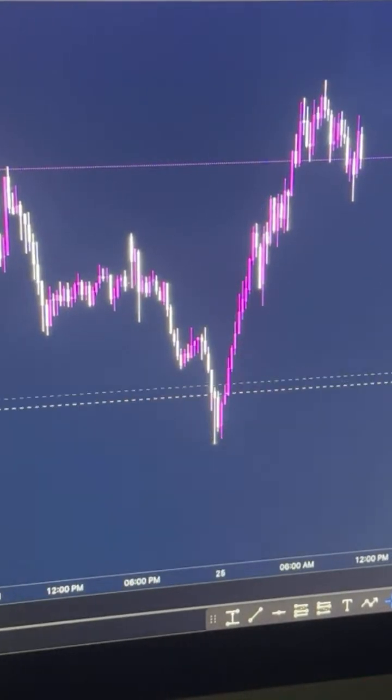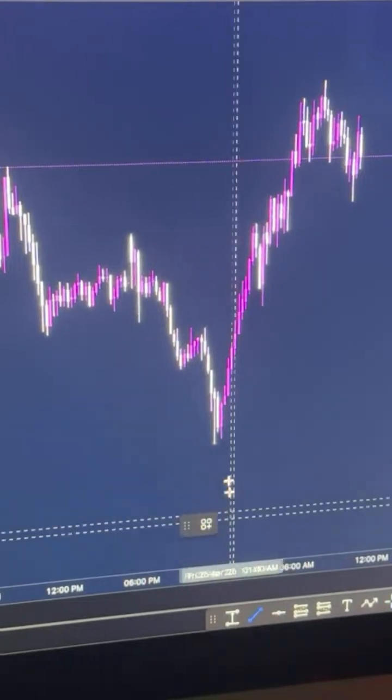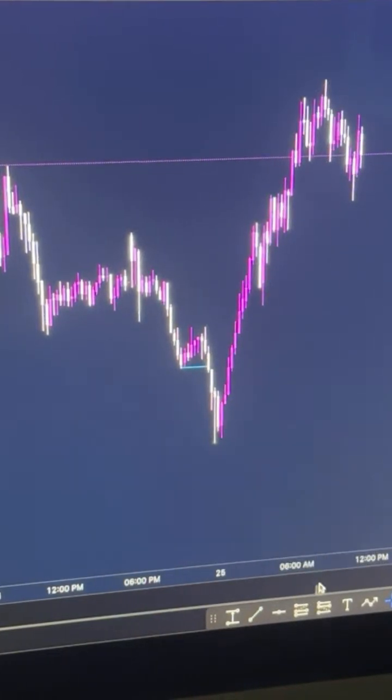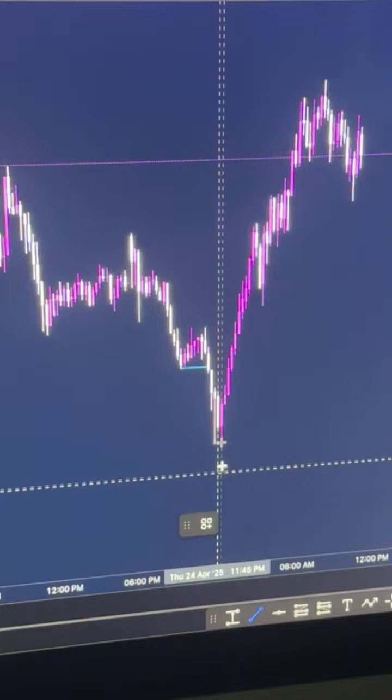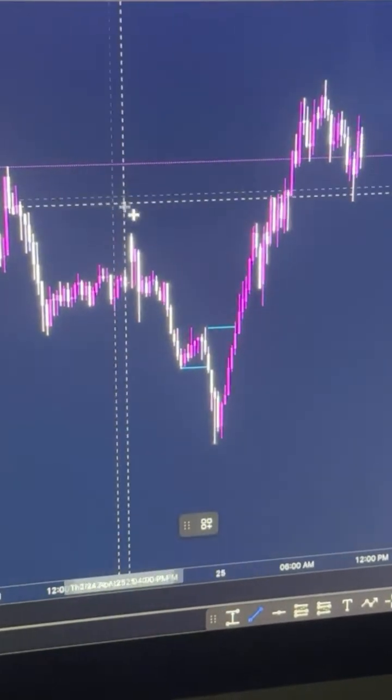Alright, good. So now we're breaking to the downside there. We break this low here. Nice. So we break that there. We come to this high, create this low. So we start breaking highs on the lower time frame.